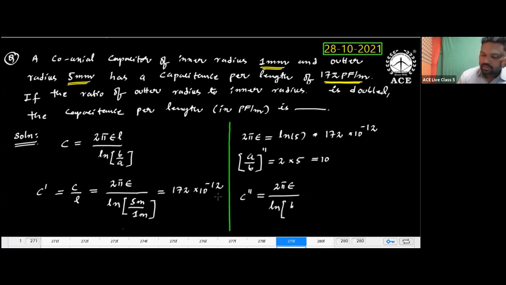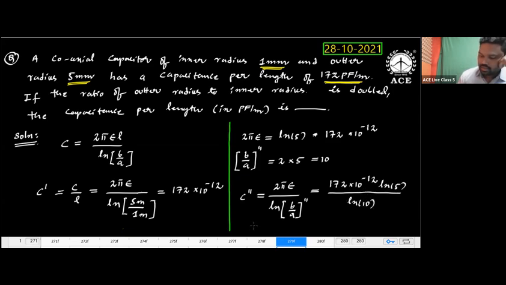Then what is its new capacitance per unit length, which is equal to 2 pi epsilon divided by natural log of outer radius to the inner radius, beta. Here it is B by A double dash, which is equal to 172 into 10 to the power of minus 12 into natural log of 5 divided by natural log of 10.